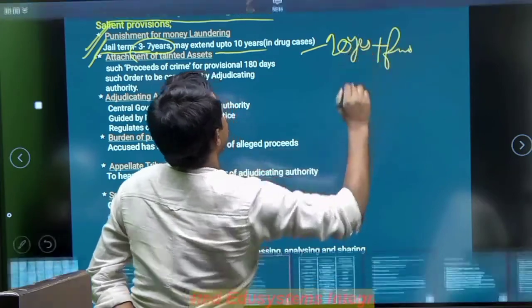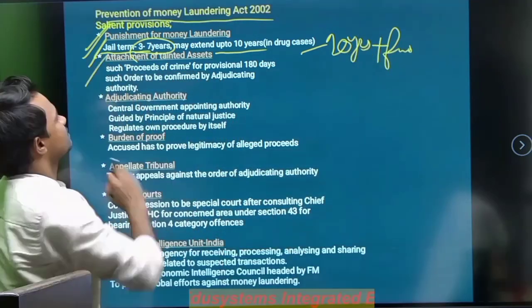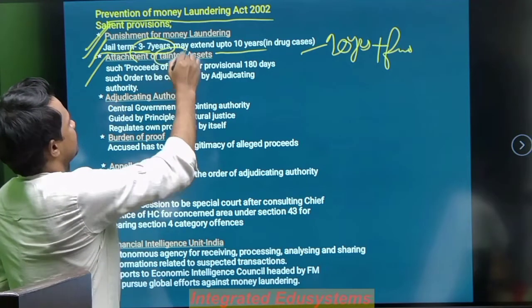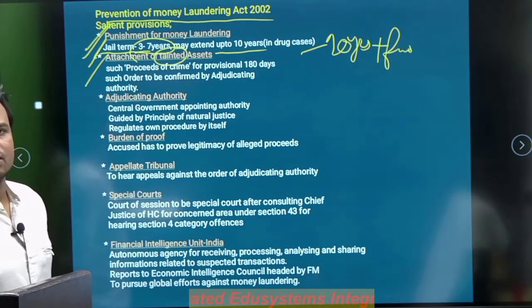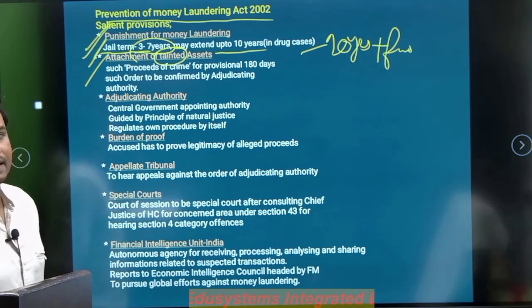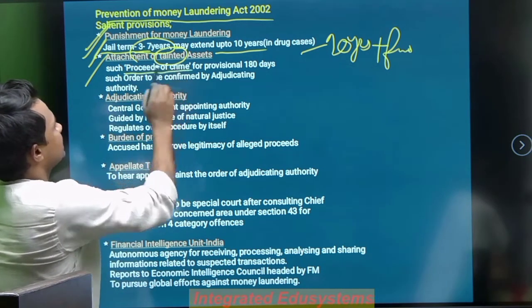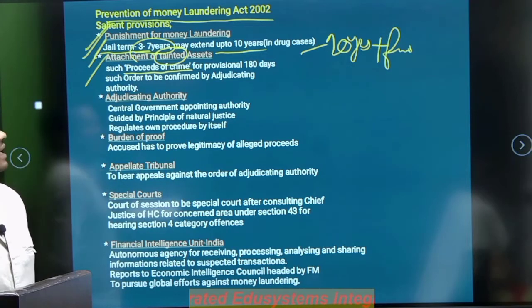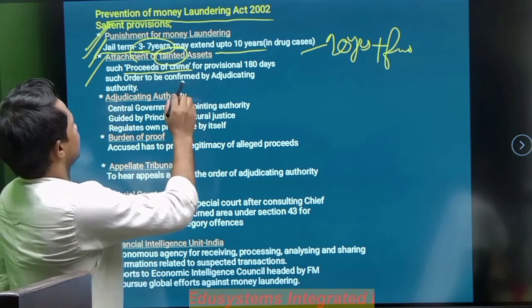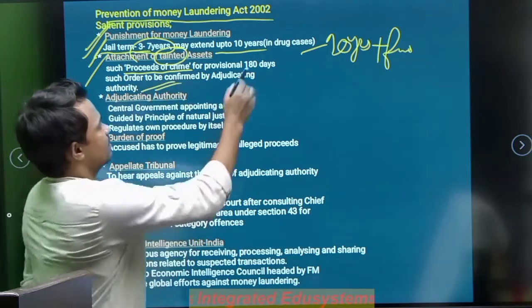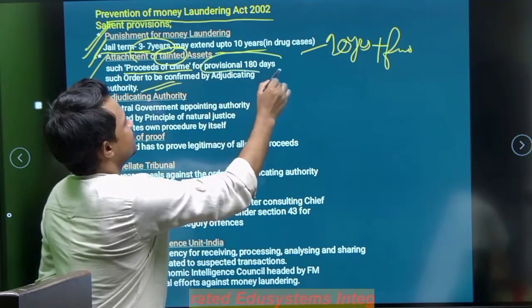So, this is the first provision, and the second is attachment of tainted asset. Tainted asset means illegal asset, or an asset which is claimed to be illegal. In that condition, the proceeds of crime, that tainted asset or money, will be attached or seized provisionally for a period of 180 days.